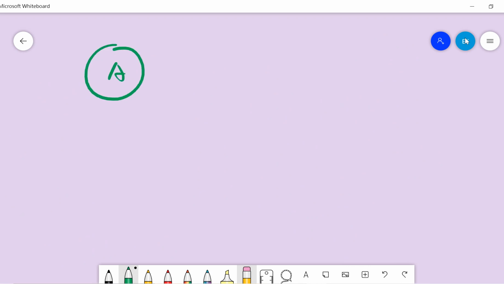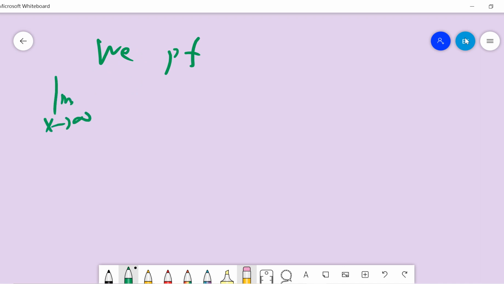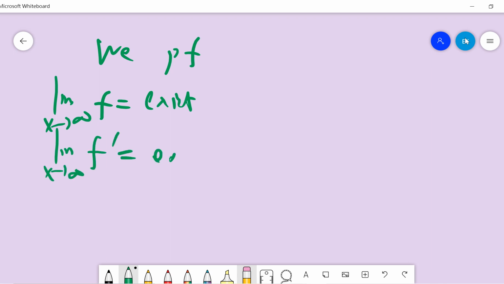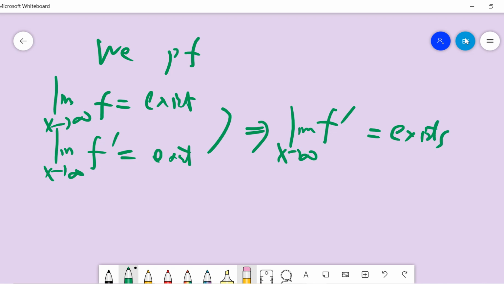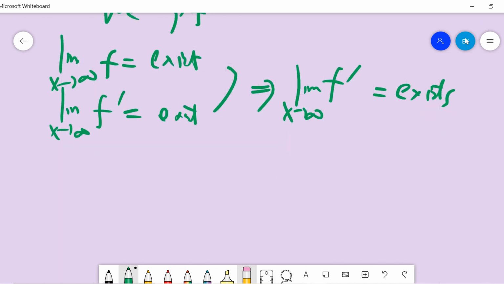Okay, so how about B? Remember what we have proved: if the limit of f as x goes to infinity exists and the limit of f prime exists, then the limit of f prime is 0.